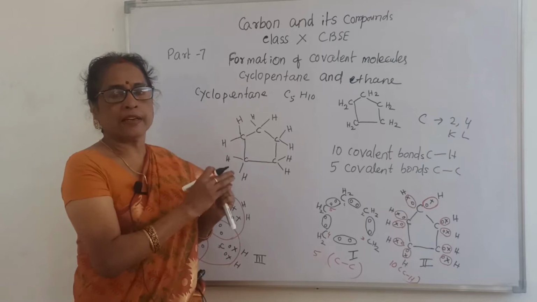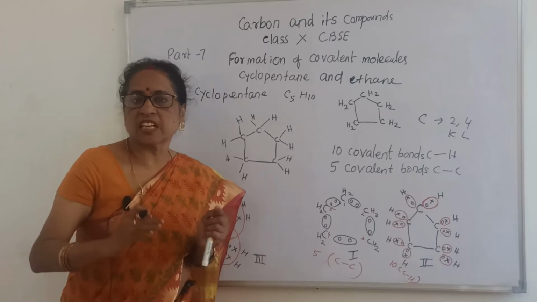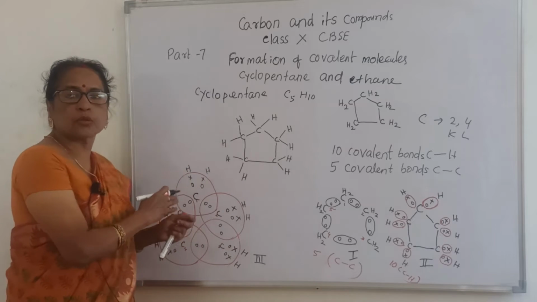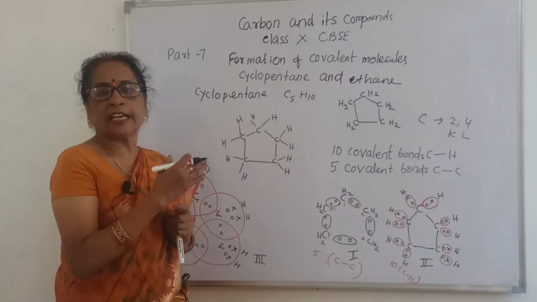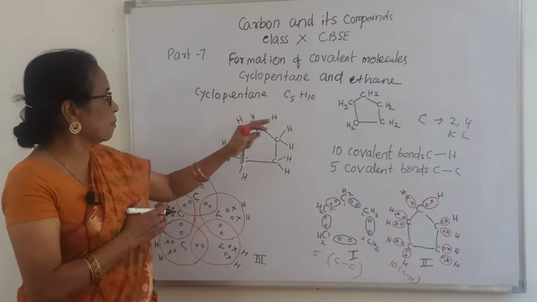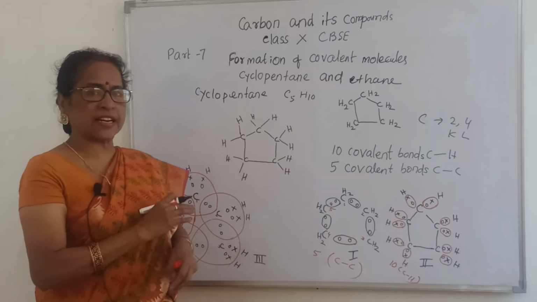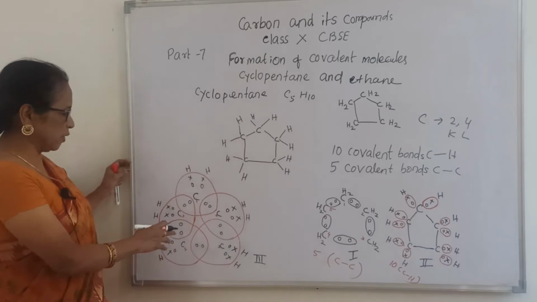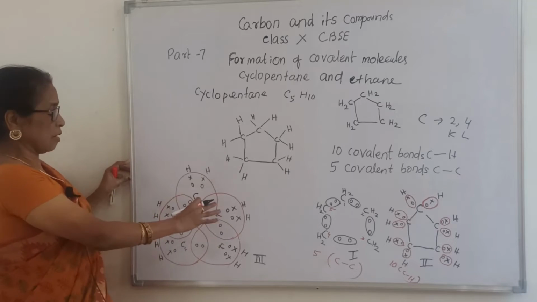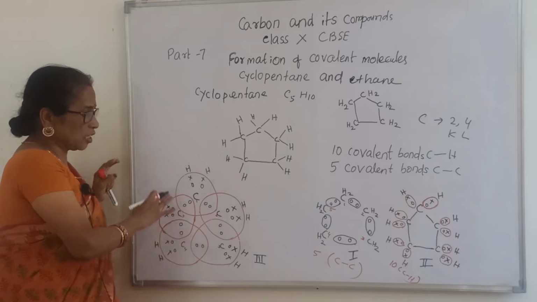That means the L shell occupies 8 electrons, so the outer shell occupies 8 electrons, and carbon attains the same inert gas configuration as neon. If you remember this, you can easily write the inert gas configuration. Now it is clear.